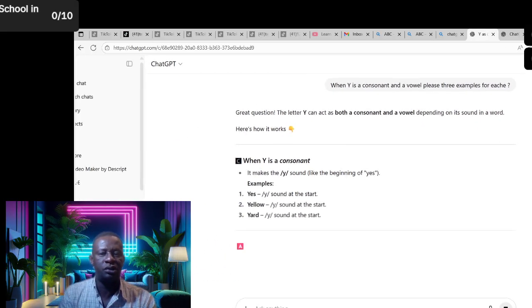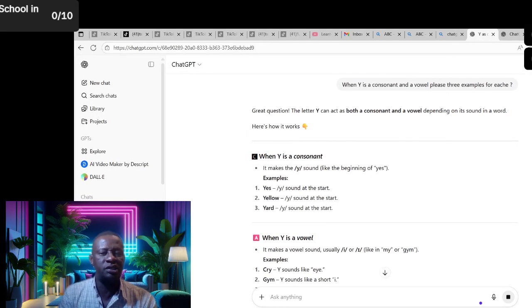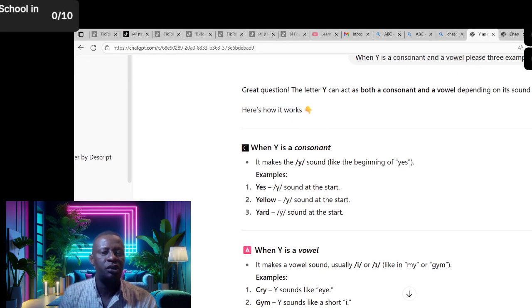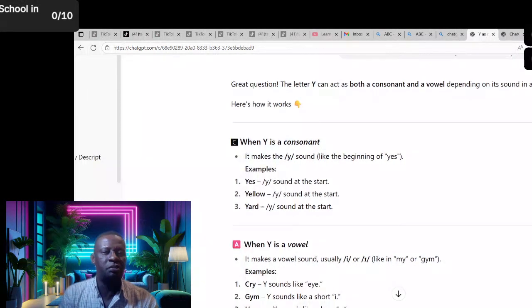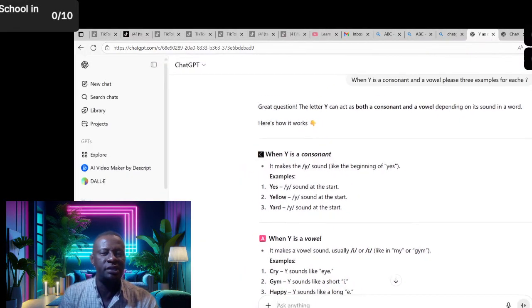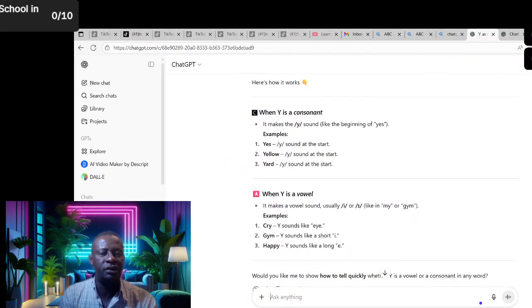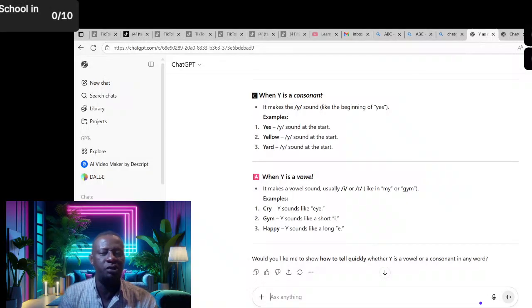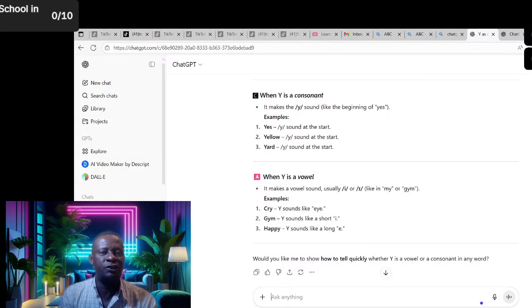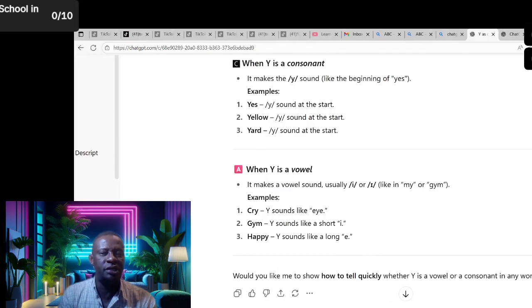Let's see what it's going to tell us. It's giving us something right now. Let me rearrange it so that you can see it better. It's not a lot of things that ChatGPT is sharing, it's just what we need.